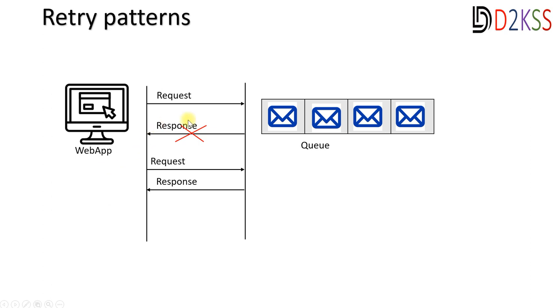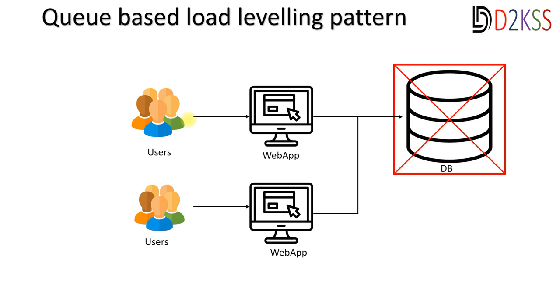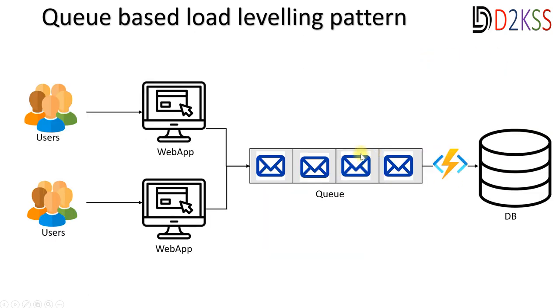So in these three patterns we have covered why the Azure queue is required. One is the queue-based load leveling pattern, that is, instead of loading the database, we can implement a queue.